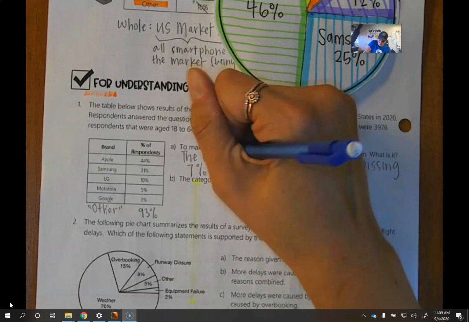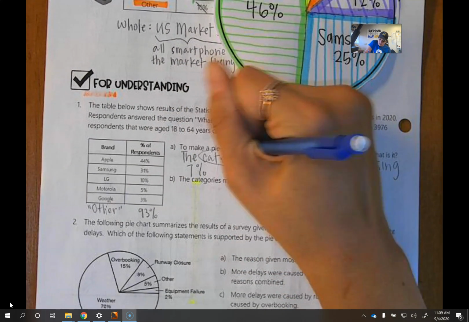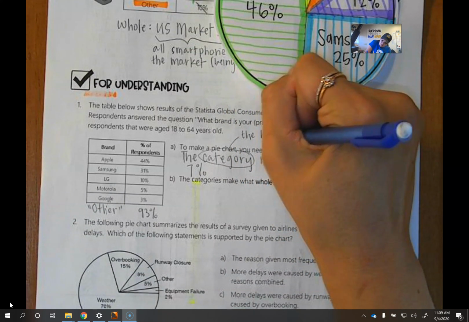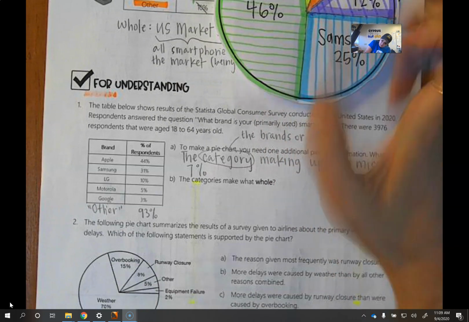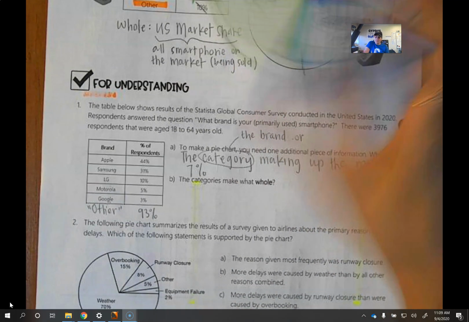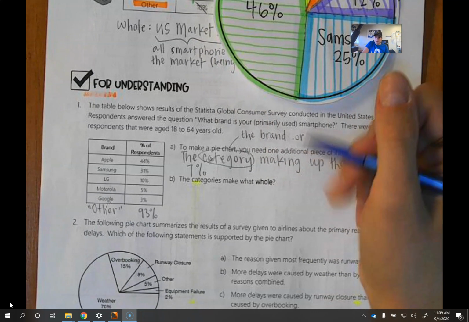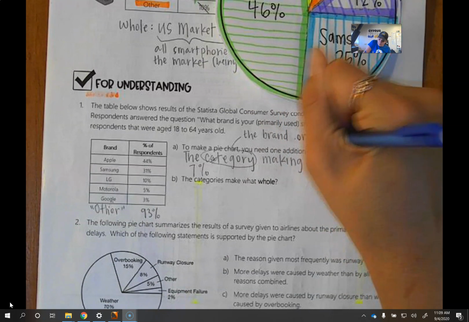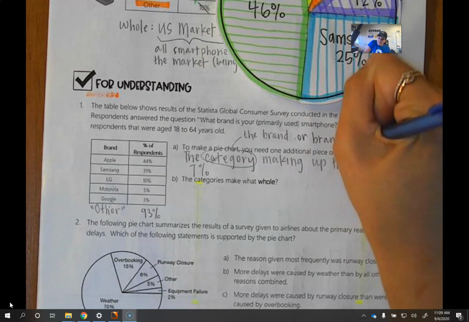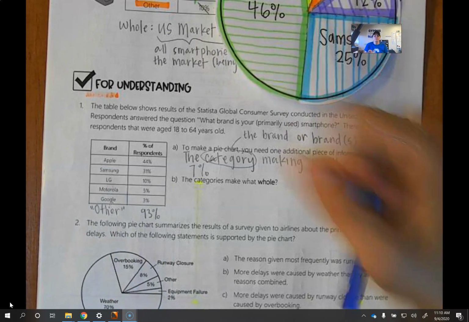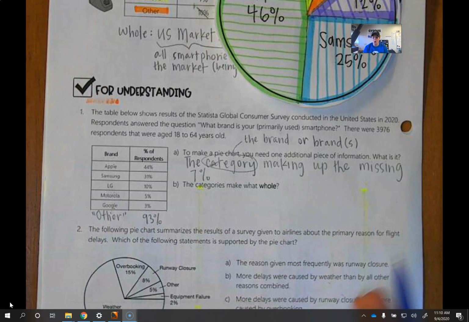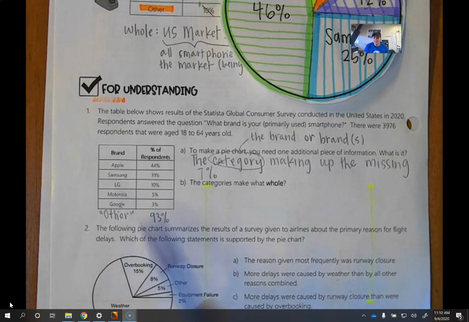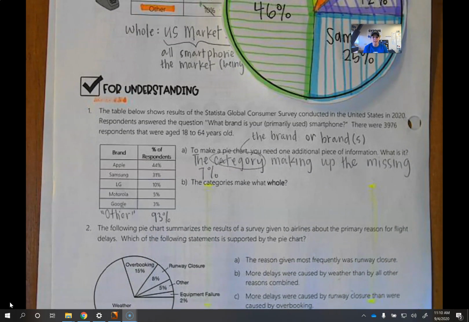So I'm going to highlight that here. This is the brand or brands. So maybe it was like 2% is Lenovo and 4% or 5% is another one. So it may not be a group that's labeled as other. It may be 2 other brands that have very small percentages. Either way, we're missing whatever makes up the 7% that we are not getting in the table.